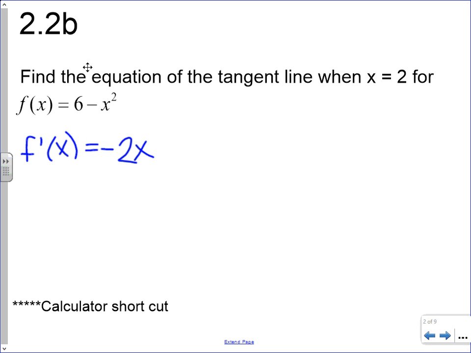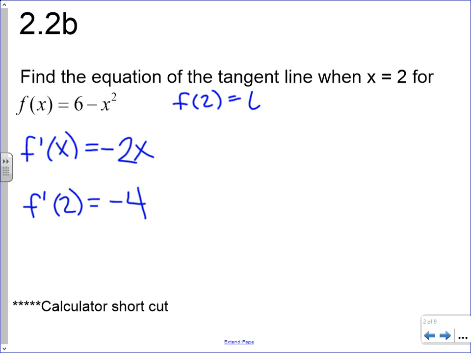Plug in 2 for x, because that's what they're asking for. So that makes our derivative negative 4. Do we have all the information we need for our tangent line? You need to plug in the 2 to the original equation to get the coordinates.